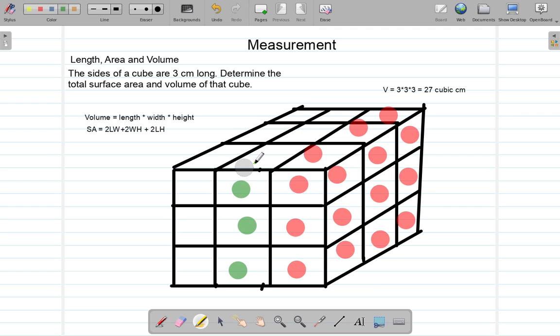This cube at the top, let's dot the top of it. This one we cannot see the other side, but we can see the top, but we know there are 2 more below it. So we have 1, 2, 3. Going down 4, 5, 6.